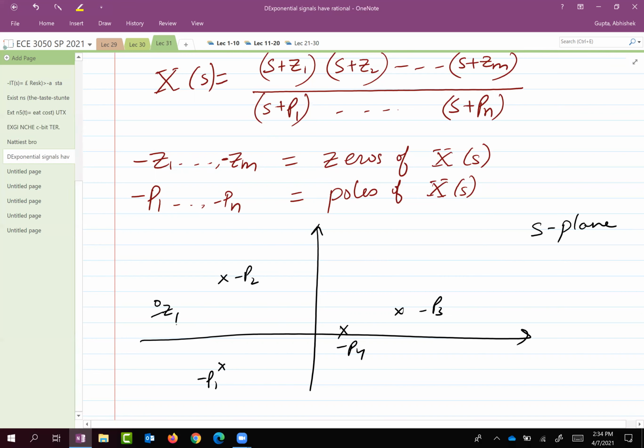This is negative Z1, this is negative Z2, this is negative Z3, and so on.